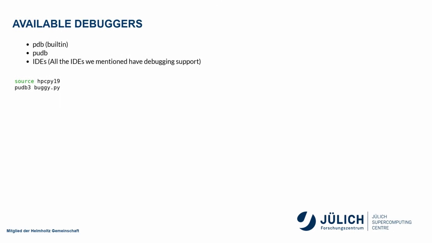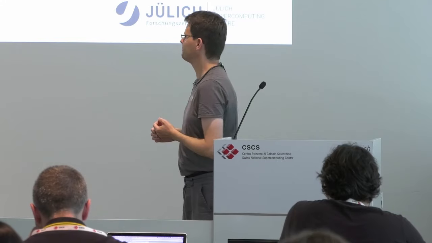A much more convenient debugger, if you need to stick with the command line or a terminal, is PuDB. PuDB is an N-curses interface, and I'll show it briefly later, that basically wraps around the Python debugger. And it gives you the standards that you would expect. You see your code with lines. You can set breakpoints in your code. You can see your variables. You can inspect your variables.